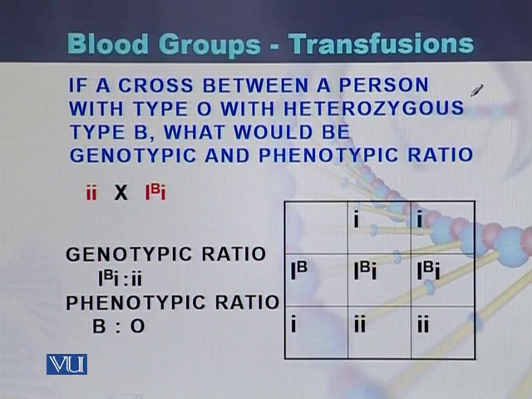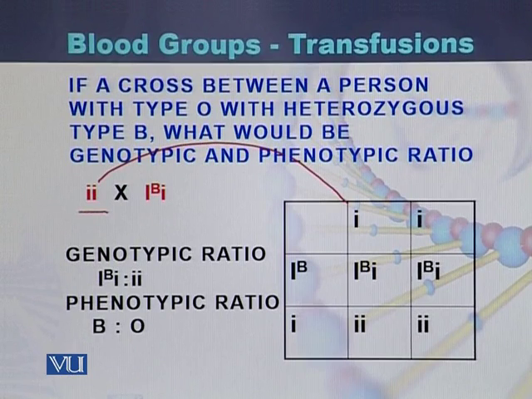If a person with blood group O marries a person who is heterozygous with blood group type B, what would be the genotypic and phenotypic ratio? If a person has blood group O, the genotype of that individual will be OO, or it can be written as ii.